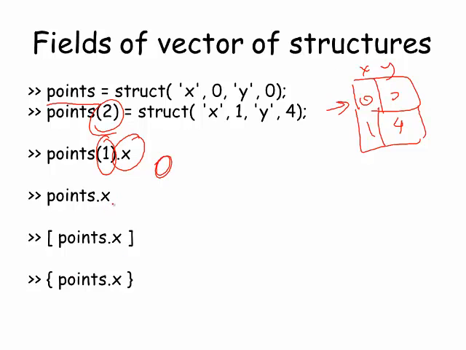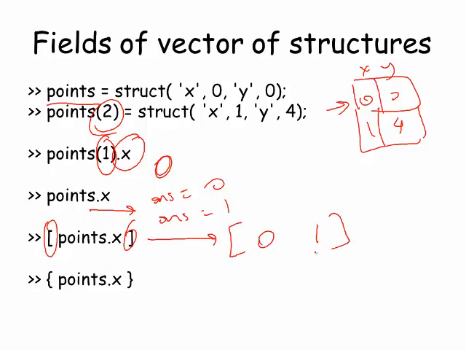If I say point.x, that will refer to all points and try to access their x values. So that will give me multiple answers. Okay? So in MATLAB, you will see ans equals 0 and then ans equals 1. All right? If I want to collect all of these values, I need to place them into square brackets. So this will give me 0 and 1, the x coordinates of my points.